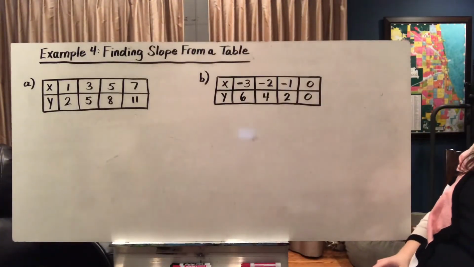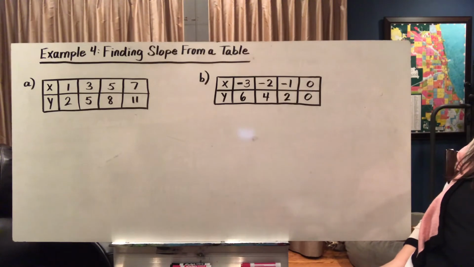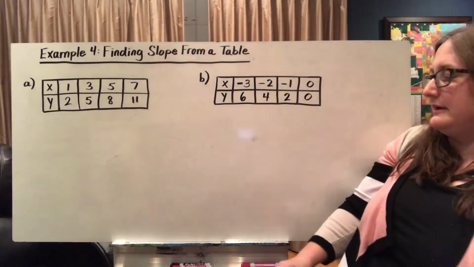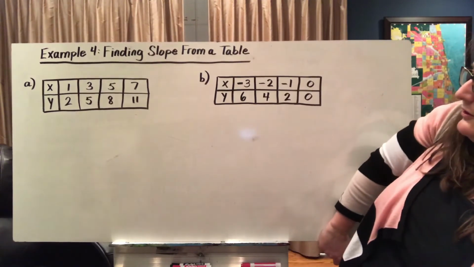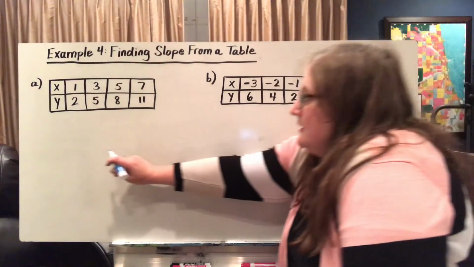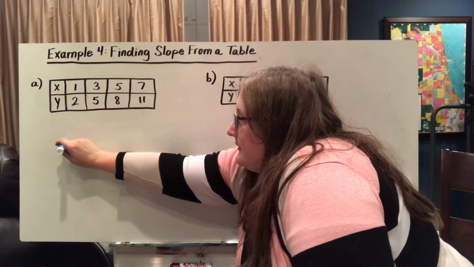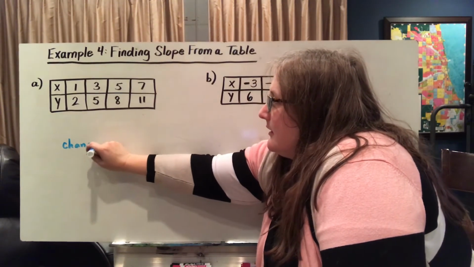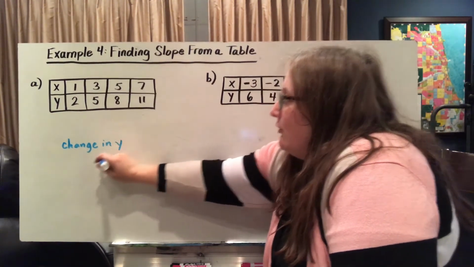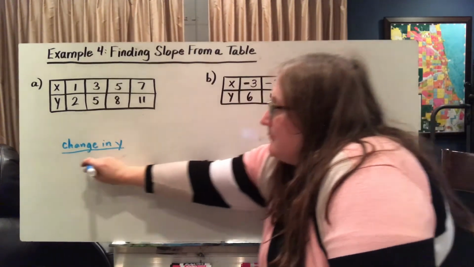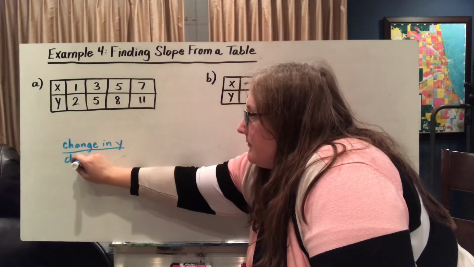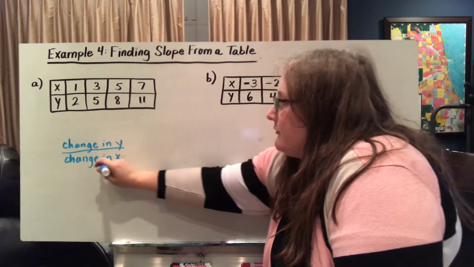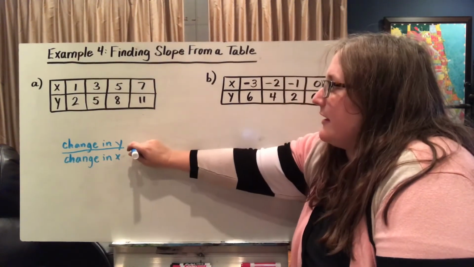All right, lastly, let's try to find the slope from a table. So this time for my slope, I am going to focus on the fact that slope is my change in y over my change in x. So first I'm going to look at my y values.